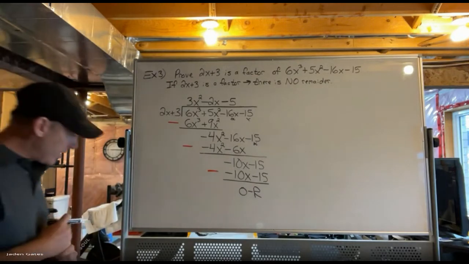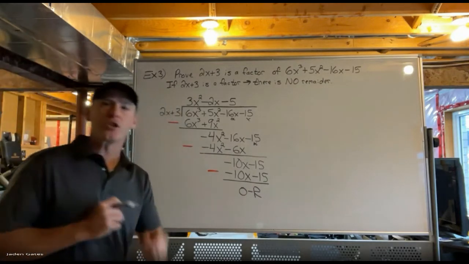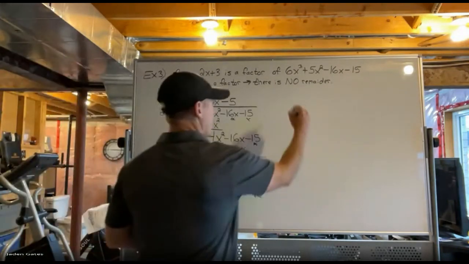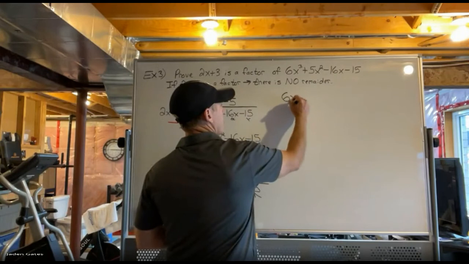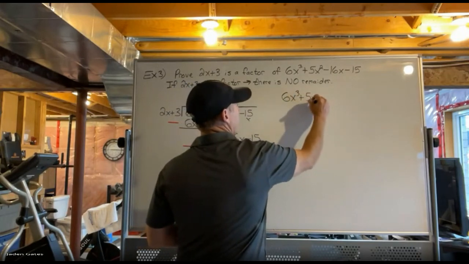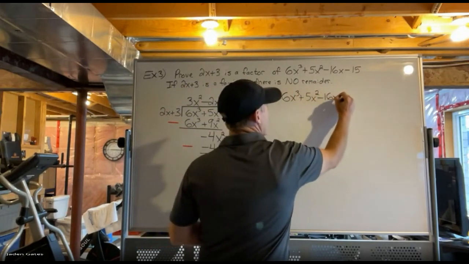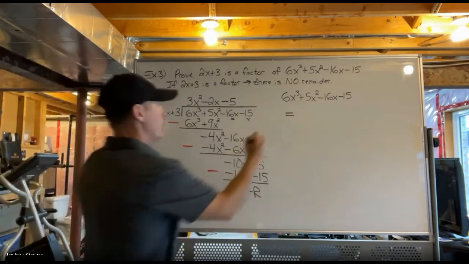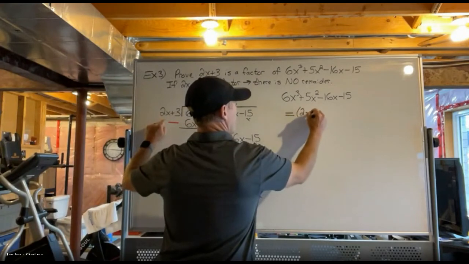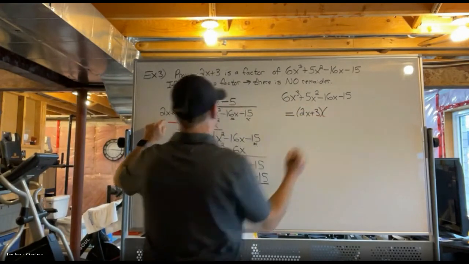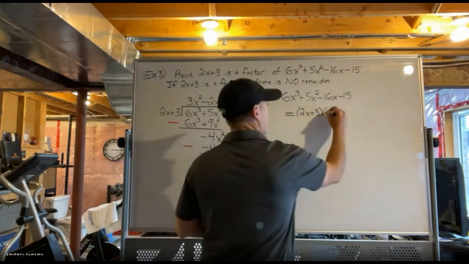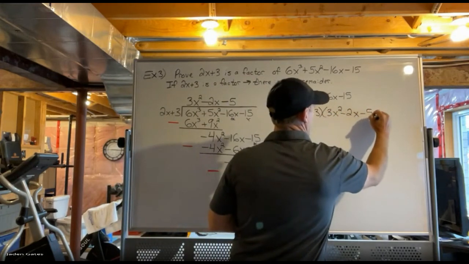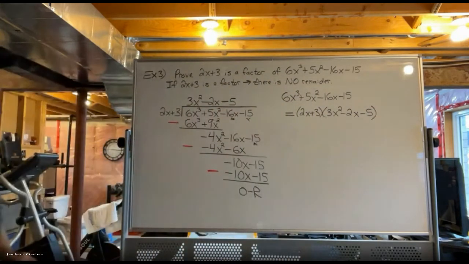Now, the second part of this says determine the other factors. Because essentially, here's what we've got: 6x cubed plus 5x squared minus 16x minus 15 is equal to 2x plus 3 times 3x squared minus 2x minus 5.